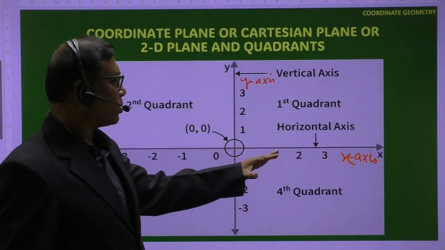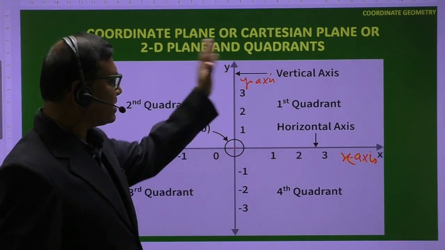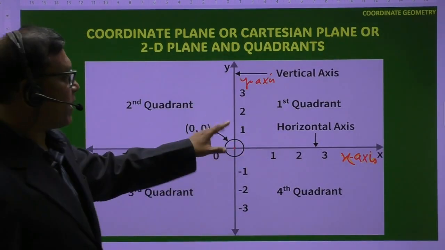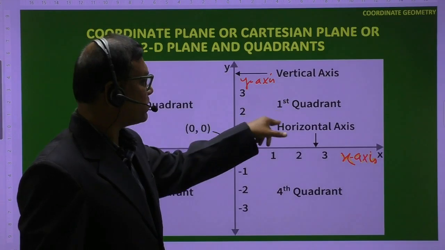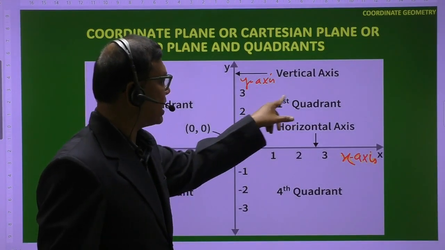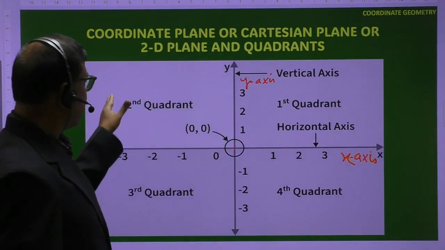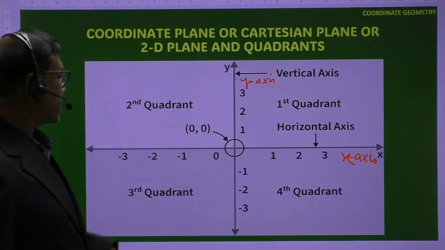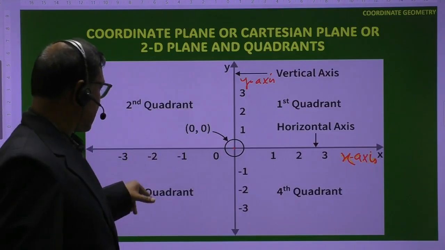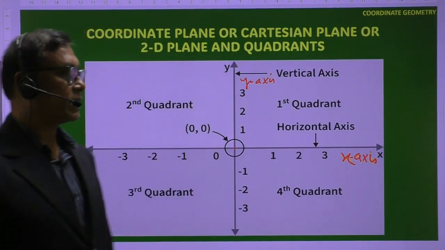Now this coordinate axis divides the whole plane into four parts. The first part, this means this first zone is known as first quadrant, and this second zone is known as second quadrant, this zone is known as third quadrant, and this zone is known as fourth quadrant.